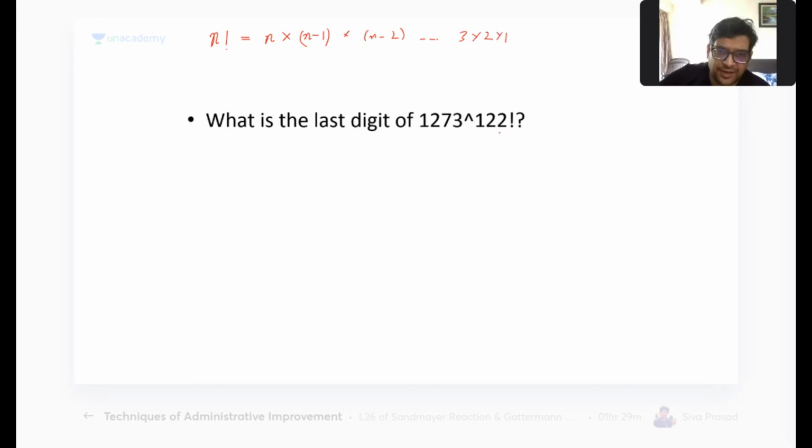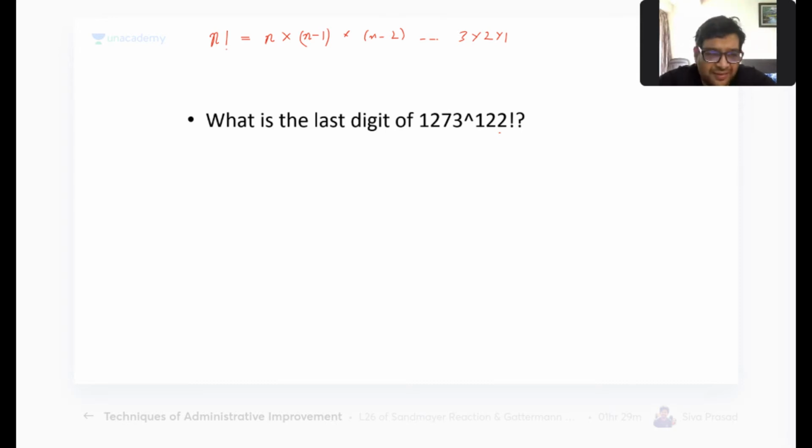So if someone gives you a question 1273 to the power of 122 factorial, think about how big a number it will be. So you are right about that, Saloni, it's 122 into 121 into 120 and so on. Please tell me what will be the answer here. Anyone?